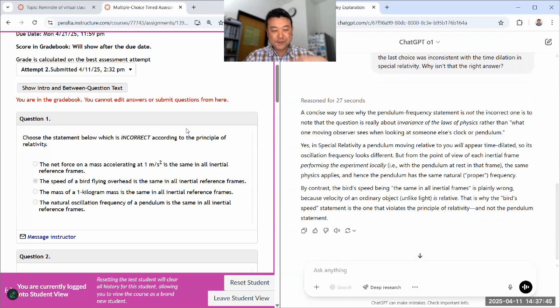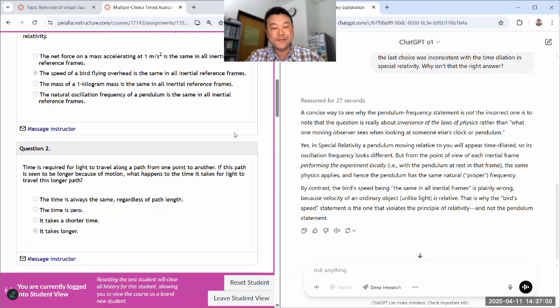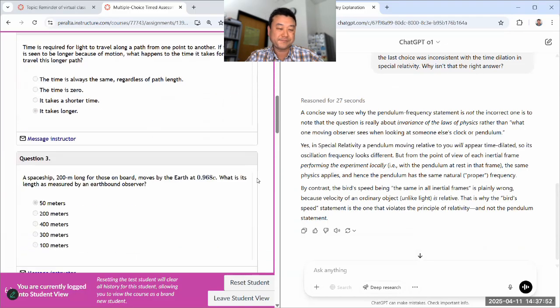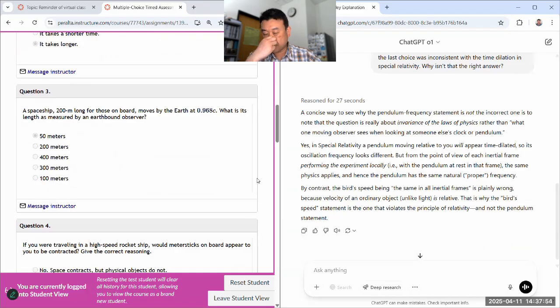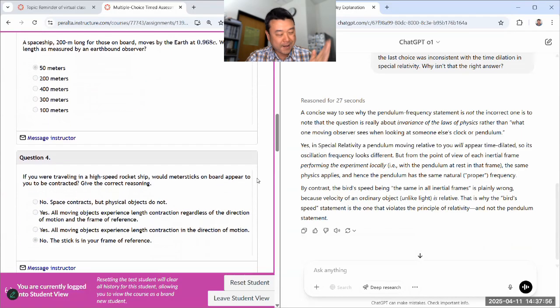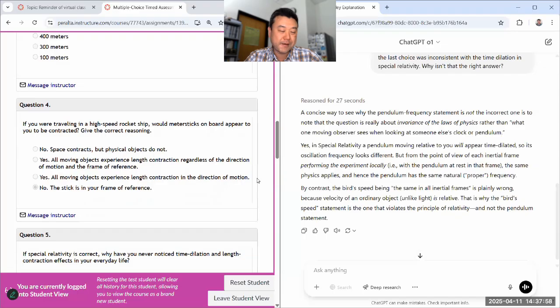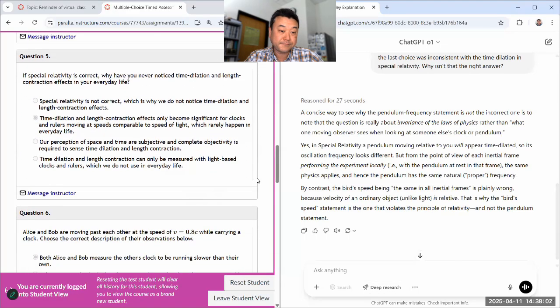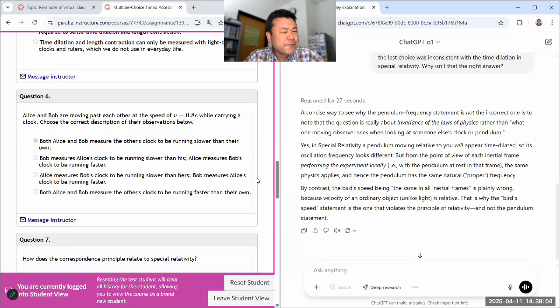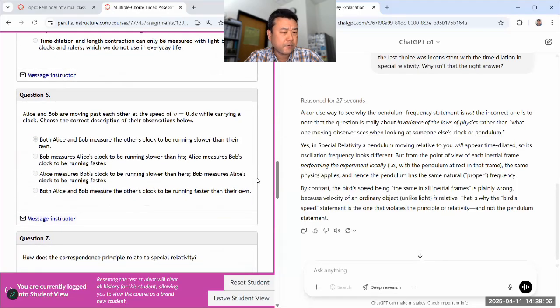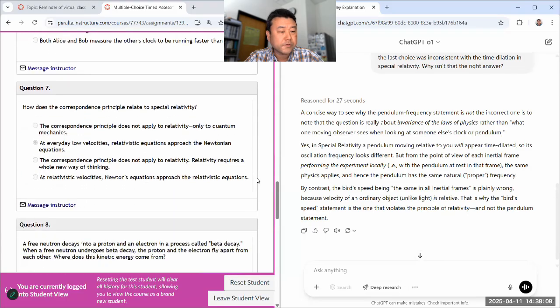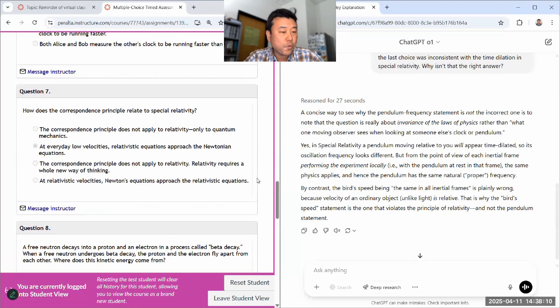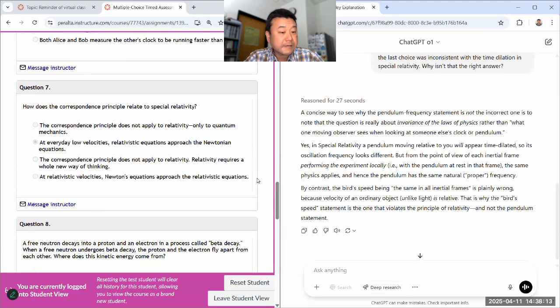Anyway, let me scroll through the rest of the questions that were in my attempt. Question 1, question 2, question 3, and again, if you are not sure why it's the correct answer, ask ChatGPT. It'll probably answer correctly. So 4, 5, 6. I feel like I did get an easier set. There were fewer calculations for me to do. I think I had to calculate one gamma factor, and that was it.